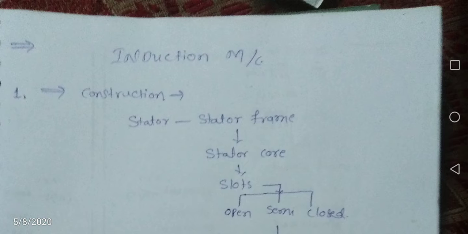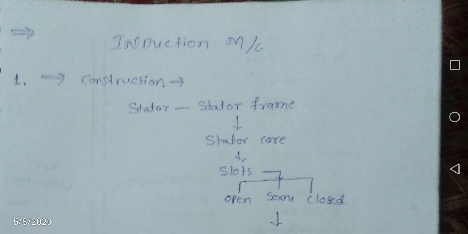If you go for open slot, magnetizing current is more, air gap is more, torque is more, and power factor is less. In a closed slot, air gap is very less, magnetizing current is less, torque is less, and power factor is more.